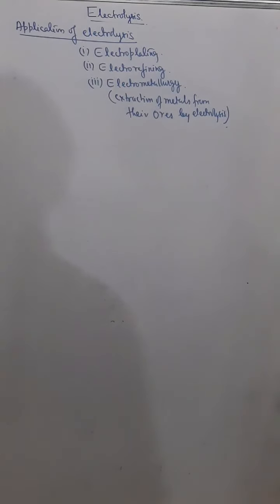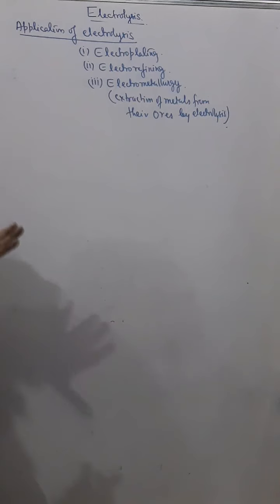Okay, now the applications of electrolysis. In our everyday life, electrolysis has very important applications, and the three major applications are electroplating, electrorefining, and electrometallurgy. Electroplating means coating of a superior metal on an inferior metal, to look better and also to protect from corrosion or rusting.